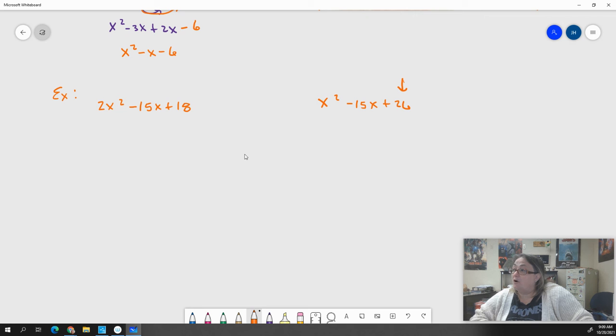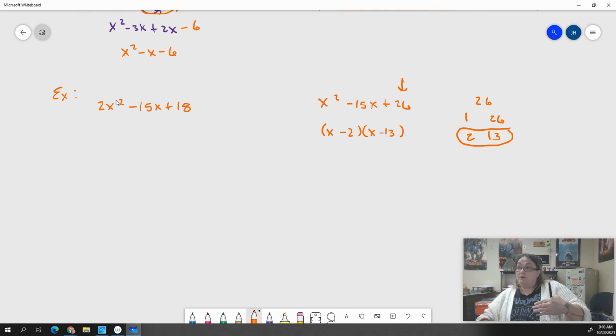We know by the chart that we would have an x minus something times an x minus something else. And the way we found out what those somethings were is we found the factors of 26 that added up to 15. Conveniently, the factors of 26 are really easy. They're 1 times 26, and 2 times 13. And 2 plus 13 equals 15. So these are going to be our factors, right? And we would just write them in here.